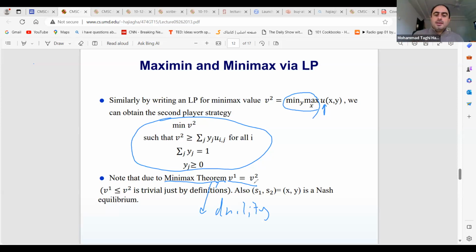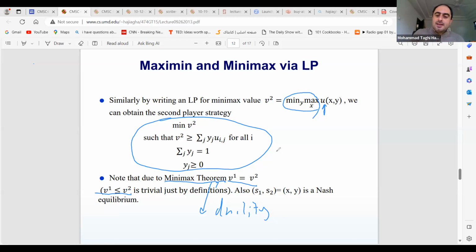And here, it is easy to see V1 is less than or equal to V2. Because by definition, one is taking the minimum, for example, the other one is an arbitrary strategy, and that would be the case. But the equality would be non-trivial, essentially.